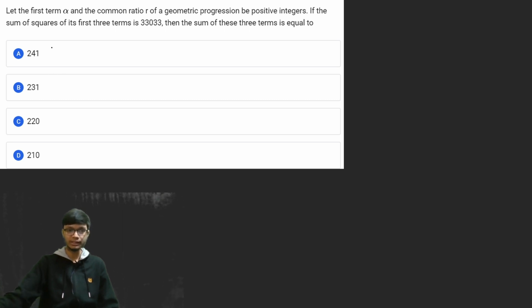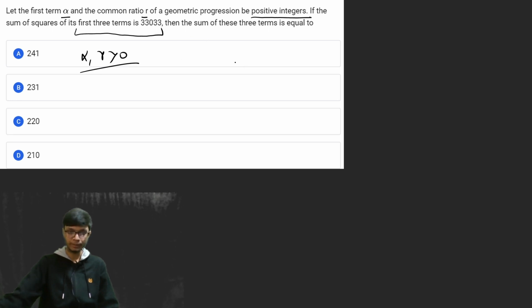It says that the first term is alpha and the common ratio r of a geometric progression are positive integers. So both alpha and r are positive integers. Now if the sum of the squares of its first three terms is equal to 33033, then what is the sum of the three terms?